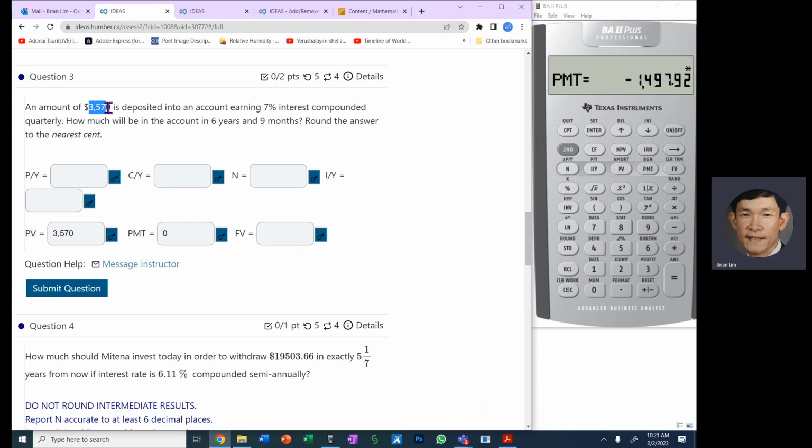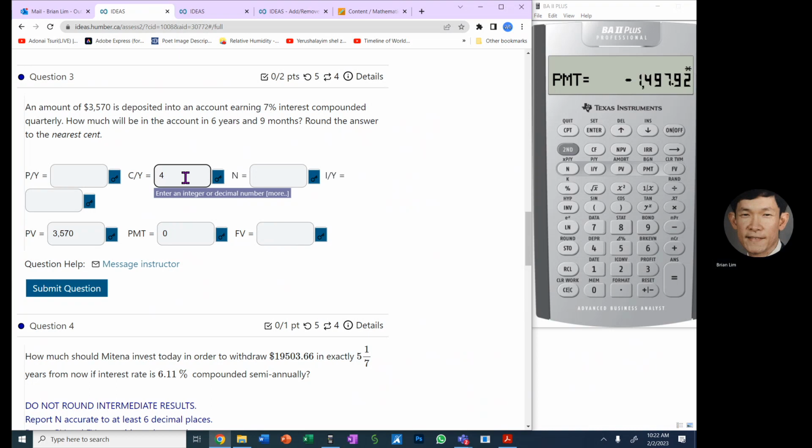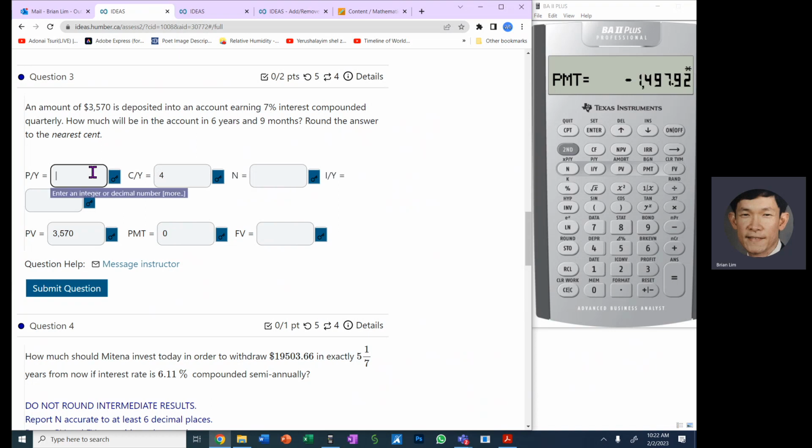It is deposited into an account, earning 7% interest compounded quarterly. Remember, by the structure of the calculator, because the calculator does many operations, it's built with all of these boxes, registers or spaces to be filled in. And so this one by default is 4.